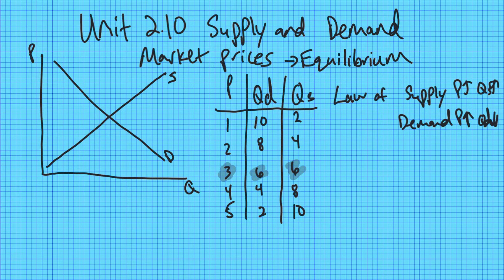And so we can find that on our graph by looking at this point of intersection. We'll call that $3 and a quantity of 6. So at a price of $3, quantity demanded is 6 and quantity supplied is 6. Okay, so this is going to be our point of equilibrium.